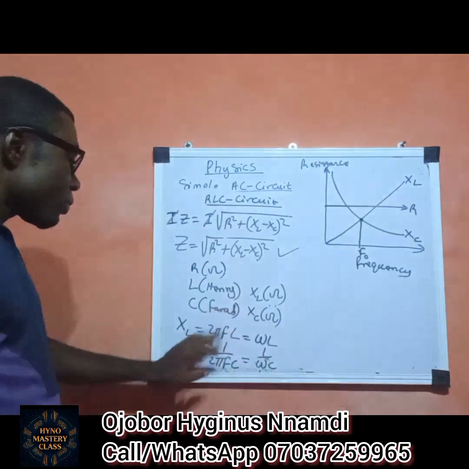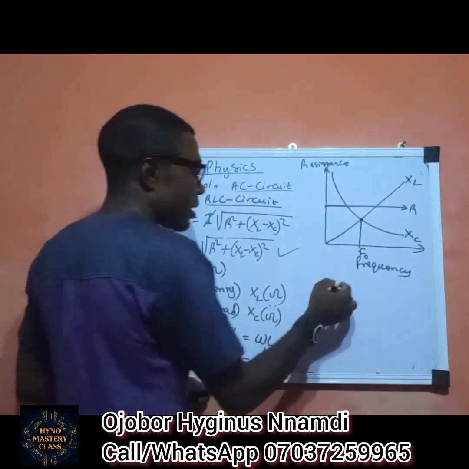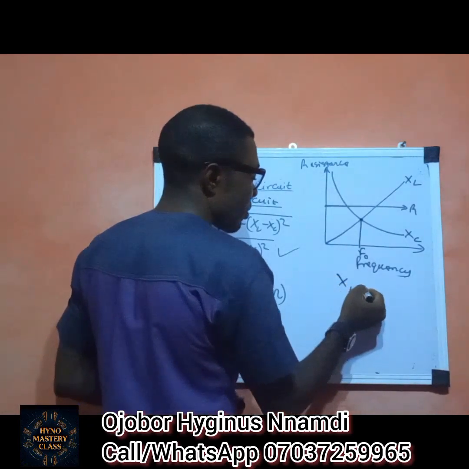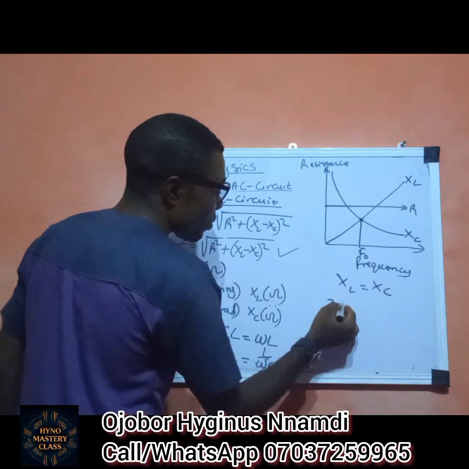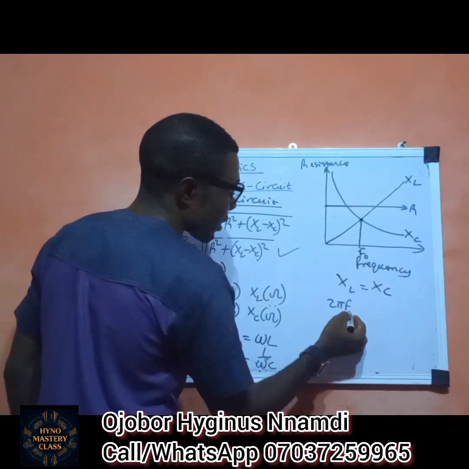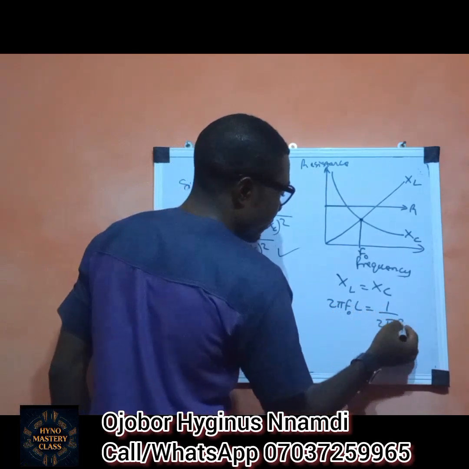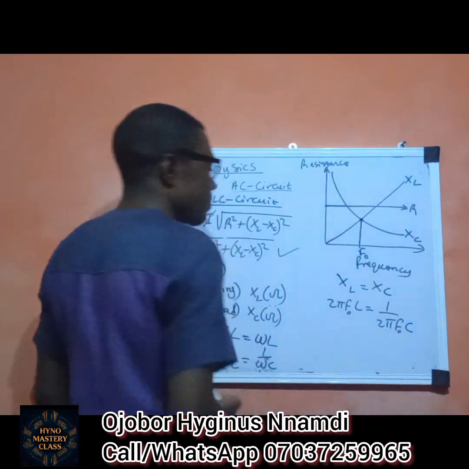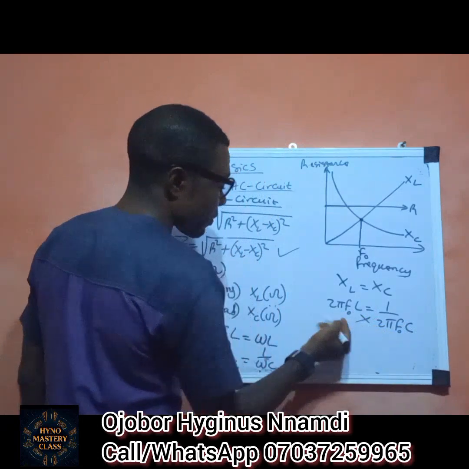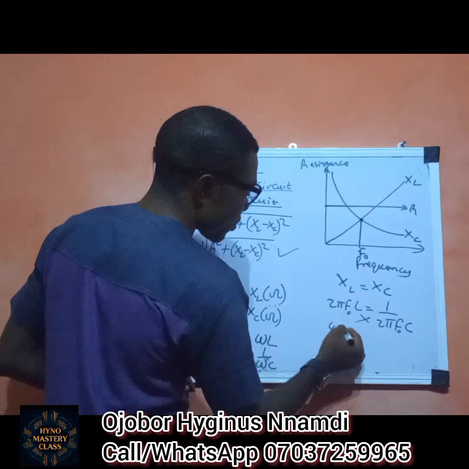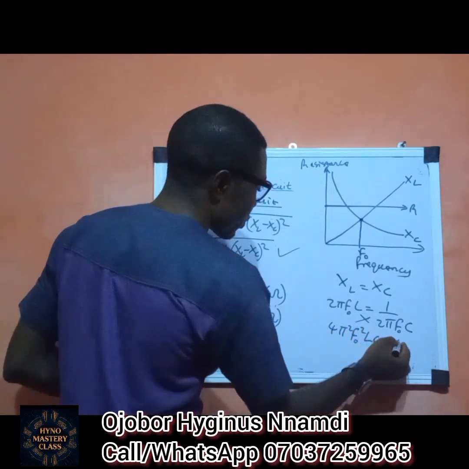And from what we have here, we'll be able to get a formula to determine the resonance frequency. At resonance, we say that XL is equal to XC. So we can say that at resonance, 2 pi F L, where F is the resonance frequency, equals 1 all over 2 pi F C. And then when we cross multiply to make the resonance frequency the subject of the formula, we have 4 pi squared F naught squared LC equals 1.